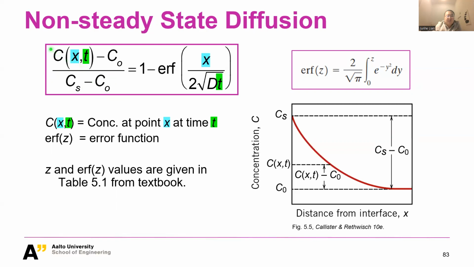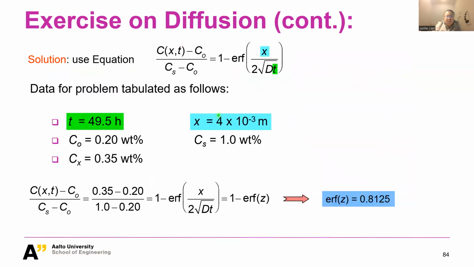And the C(x,t), the concentration at a certain position at a certain time, is also given. Meaning of course the x and the t are also given. So if you just look at this equation, the only unknown is D. So our first aim is basically to get the D out of it. How do we do it?